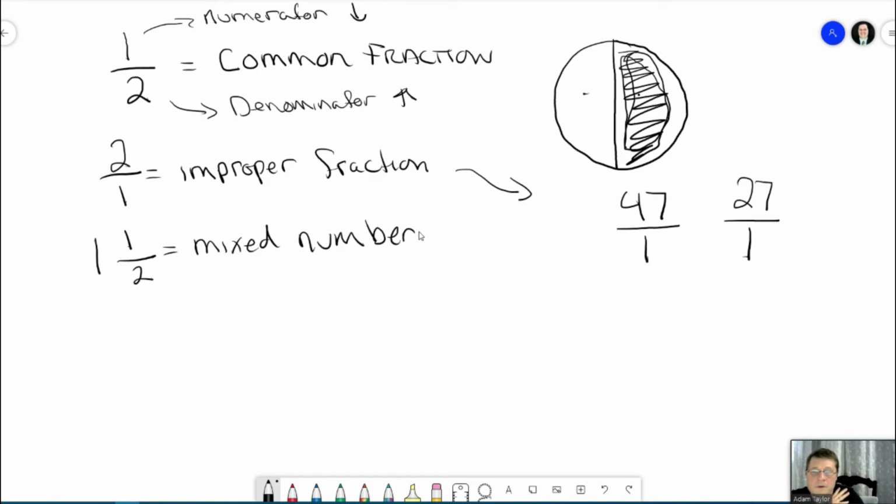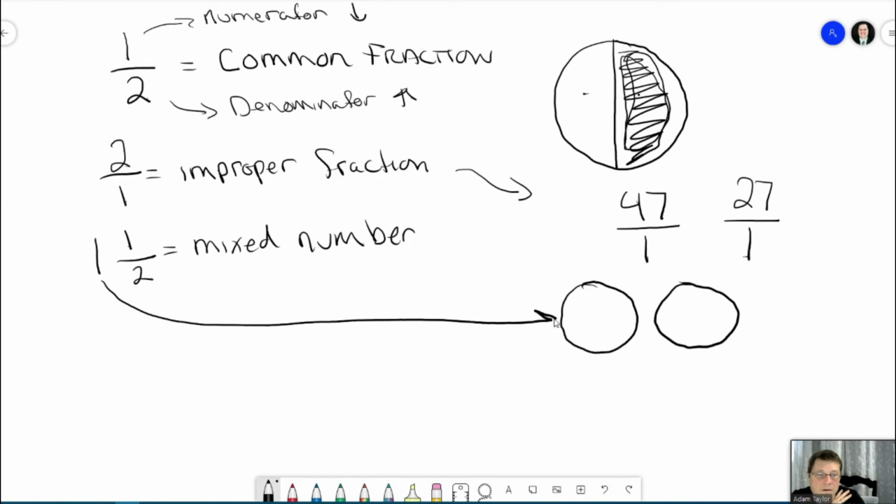Now our mixed number, going back to our pi example, is basically saying this. This is the whole unit. Here's another whole unit. So this would be represented by this, and this would be referring to here. Well, we know what it means. We know it's one side.